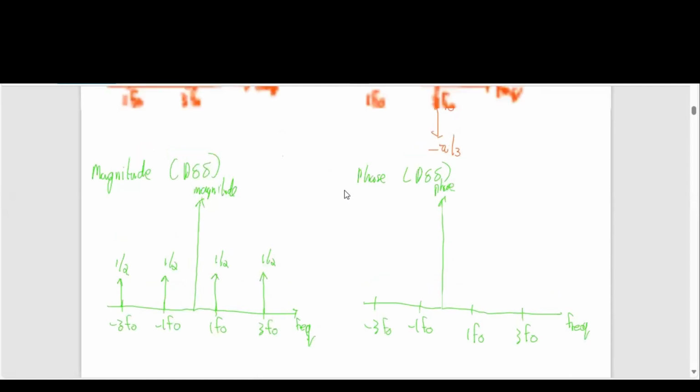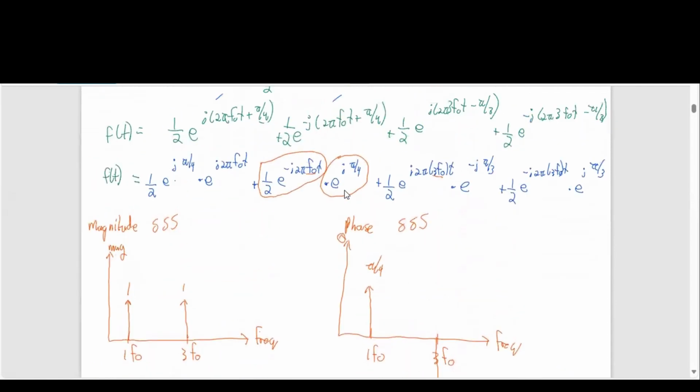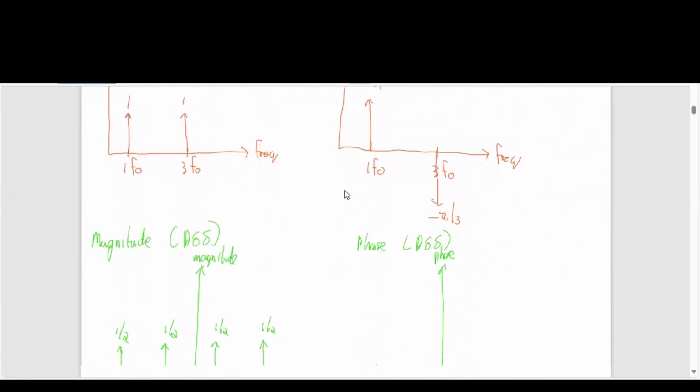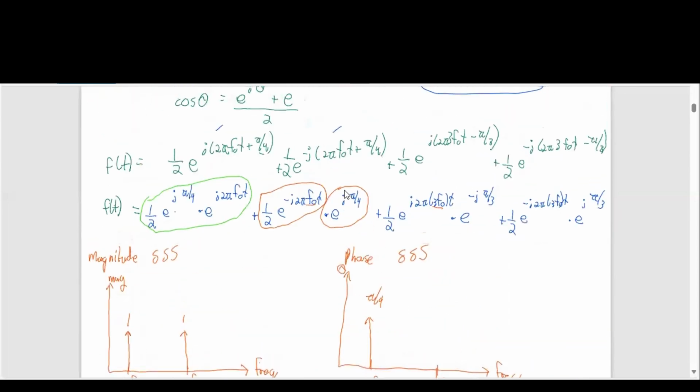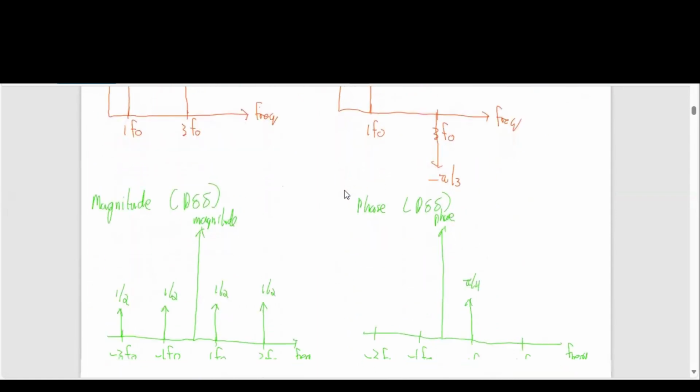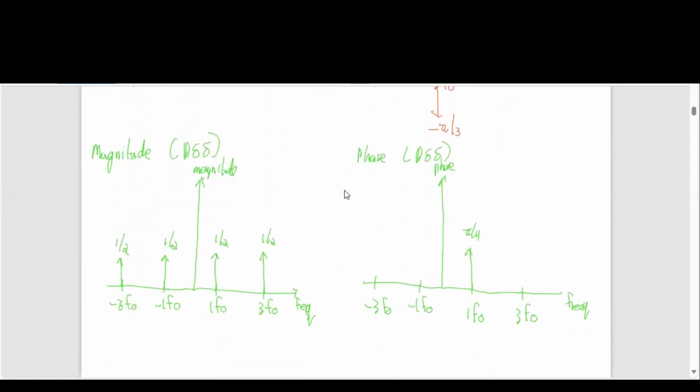Right. So at 1 F naught, we need to go back to the complex form. This is the 1 F naught term, and the reason why we split it is pi on 4, right? Clearly you could see that from that piece there, right? So pi on 4, and then at 3 F naught it is minus pi on 3, right? This piece here.